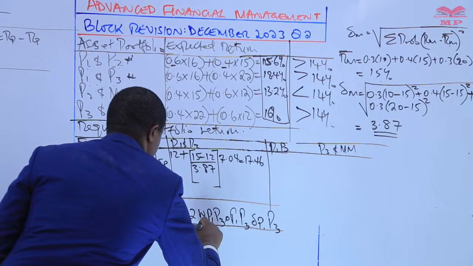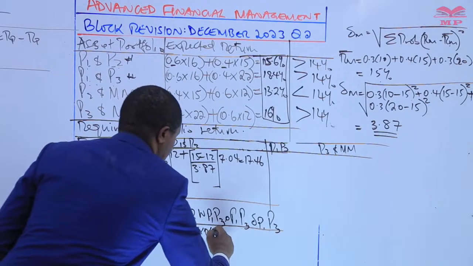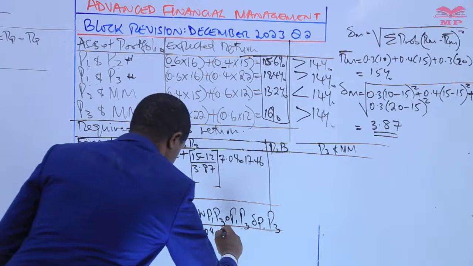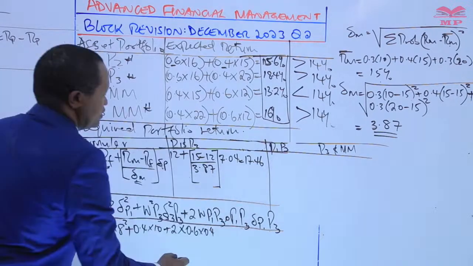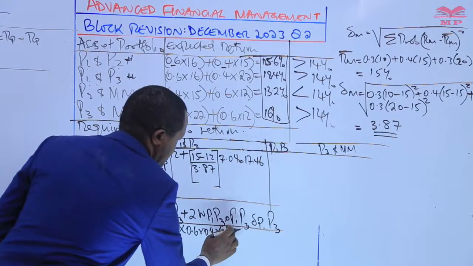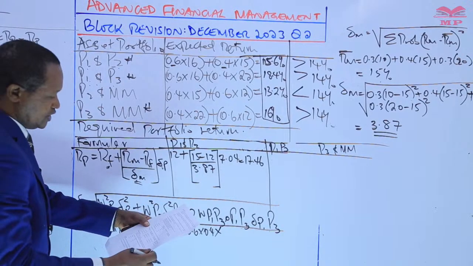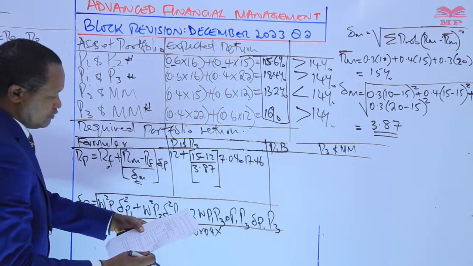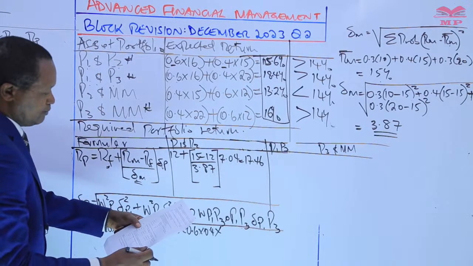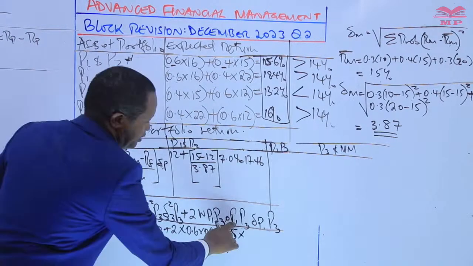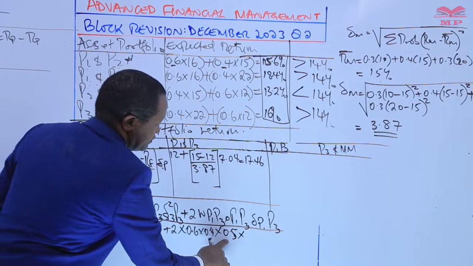Then the correlation coefficient of P1 and P3 from the question, not note number 5, is 0.5.